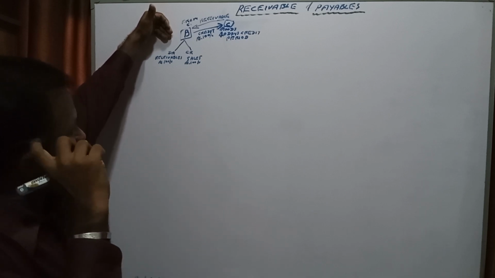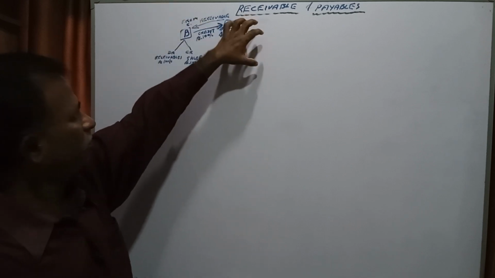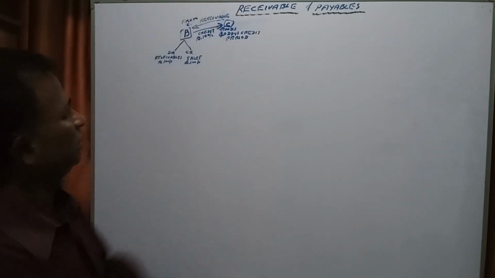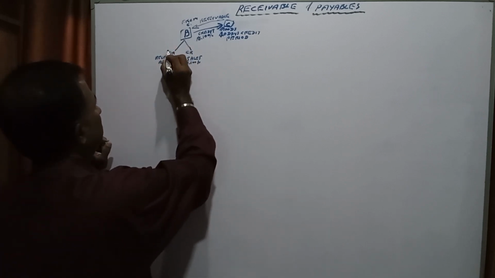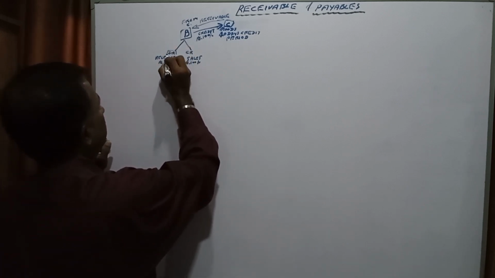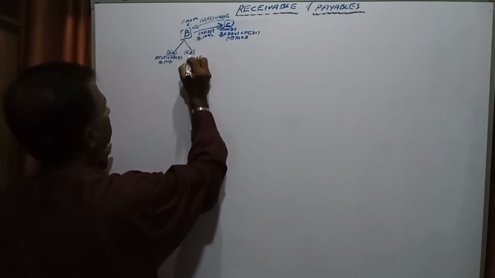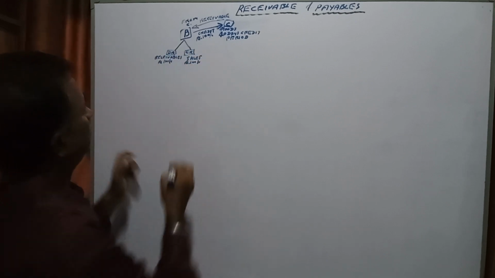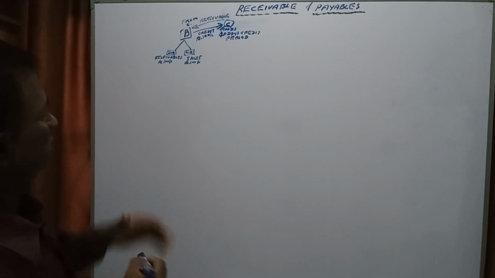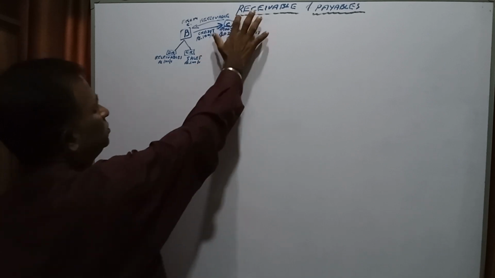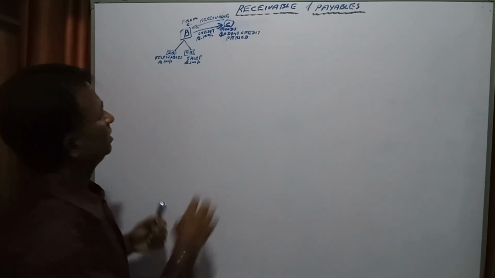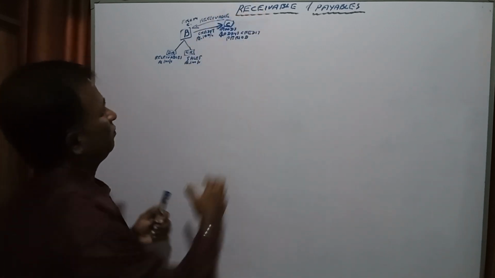We are looking at it from the books of B. From the books of C, what is happening? This amount is payable for him.